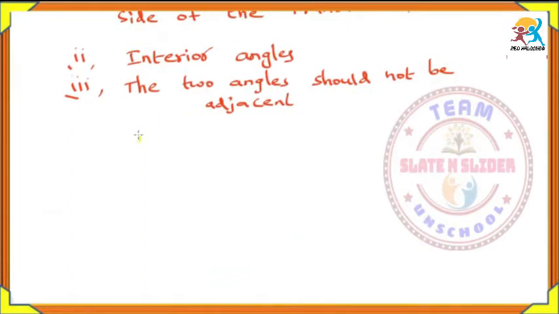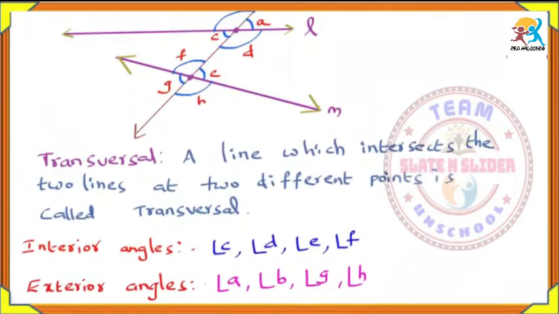I will write the first pair is angle C, comma angle E. This is the first pair, and we write the second pair. We have to take angle D. Okay, this is on the right side, and we have to choose the angle which is on the left side.